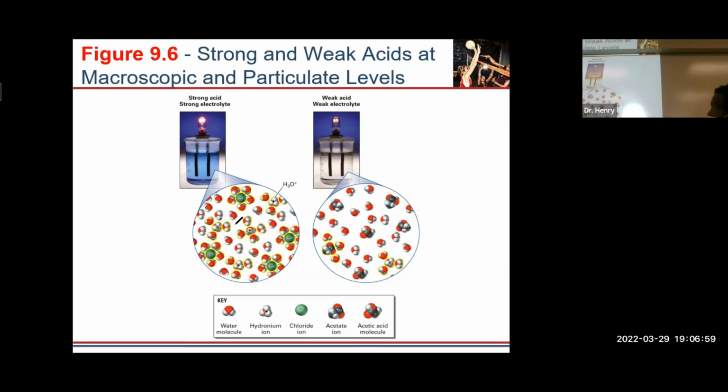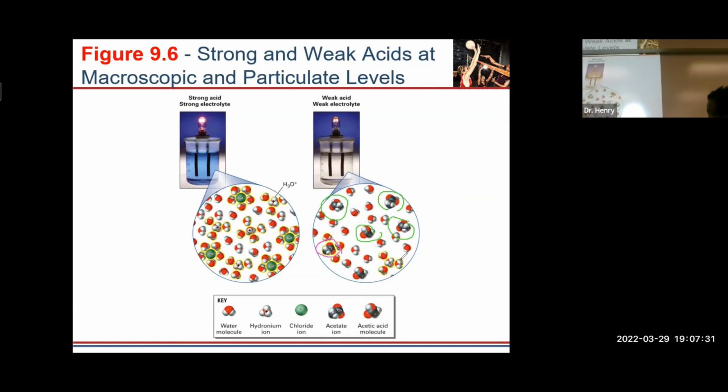Now in the case of acetic acid, this here is an acetic acid molecule, and this here is an acetic acid molecule. This is the ion that is formed, in a different color. So this is the ionized version in pink.